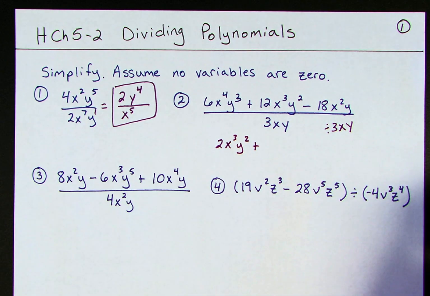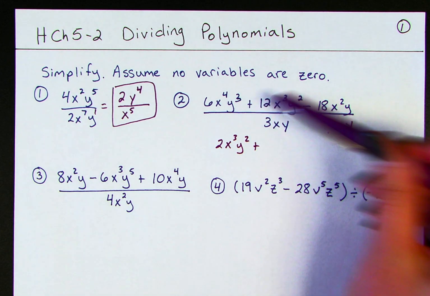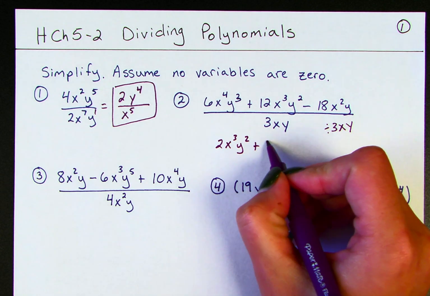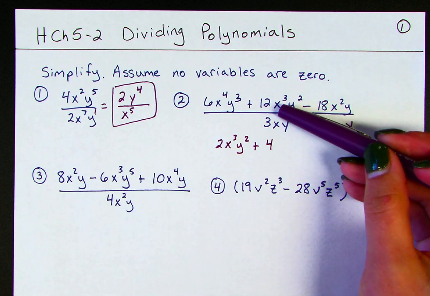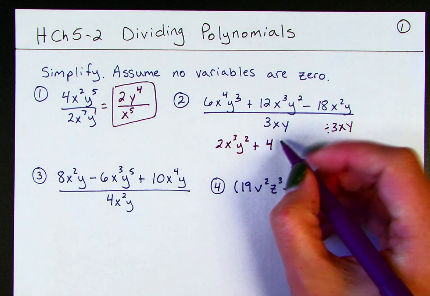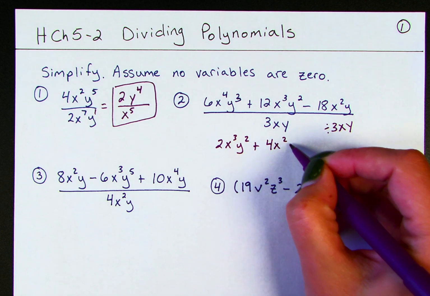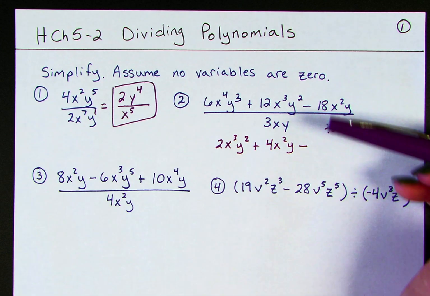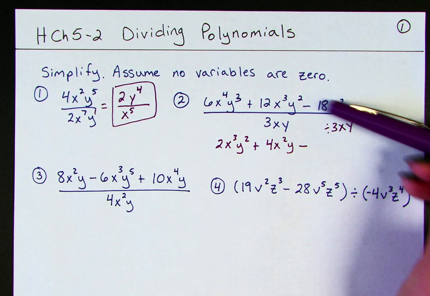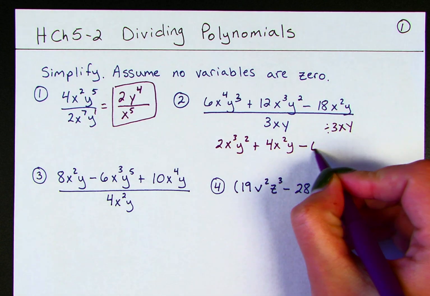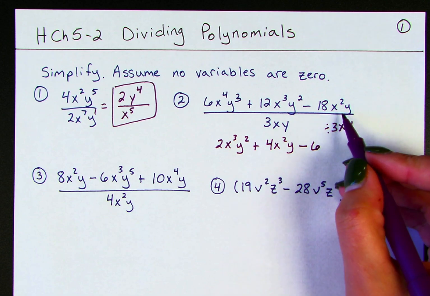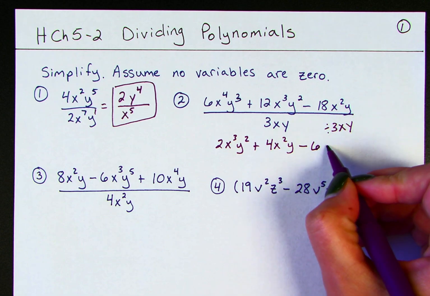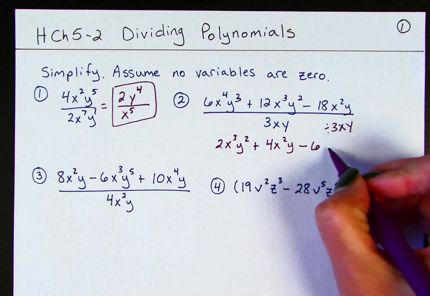And then I go to my next term and do the same thing. 12 divided by 3 is 4. And then I'm taking 1 x and 1 y away. So this will become x squared y to the first. So I'll keep my minus sign. 18 divided by 3 is 6. Taking 1 x away and 1 y away. So this will give me an x.